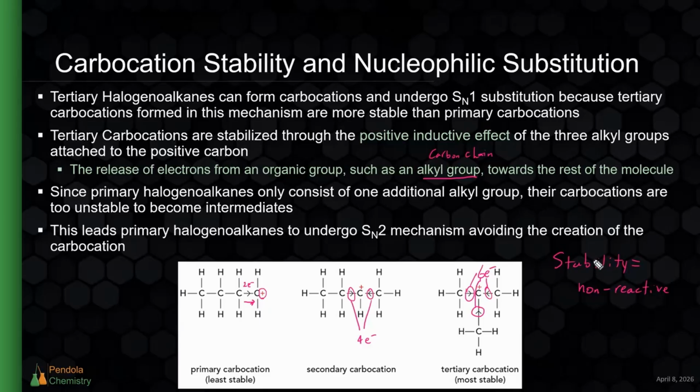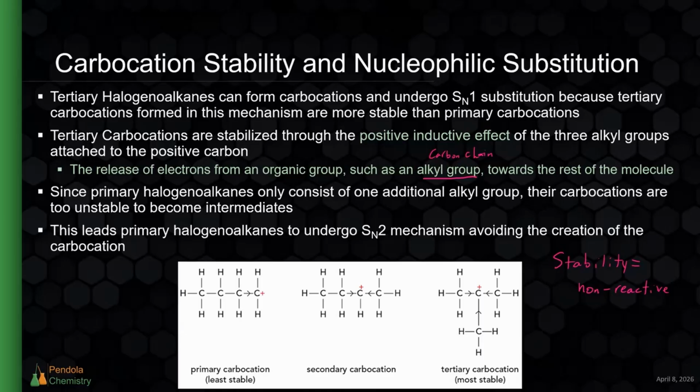When things interact, that's when chemical reactions happen. When we call something stable, we are calling it non-reactive because it does not easily react with other things. It is more likely to stay existing. So when we talk about a carbocation's stability, what we are talking about is how much it resists reacting.